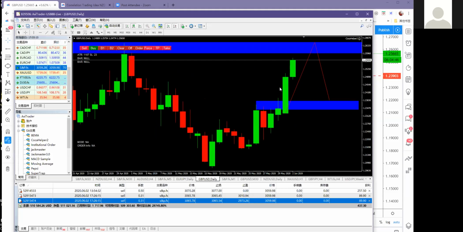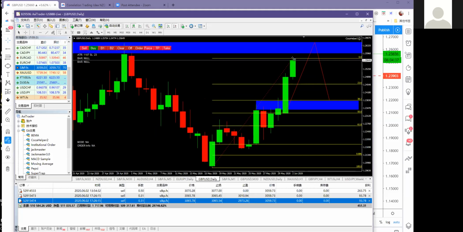So the best entry could be here, 1.2380, and you can use the Fibonacci level. We check, it is almost at a 38.2 to 50% here. So the good entry will be 1.2380 to 1.2350.